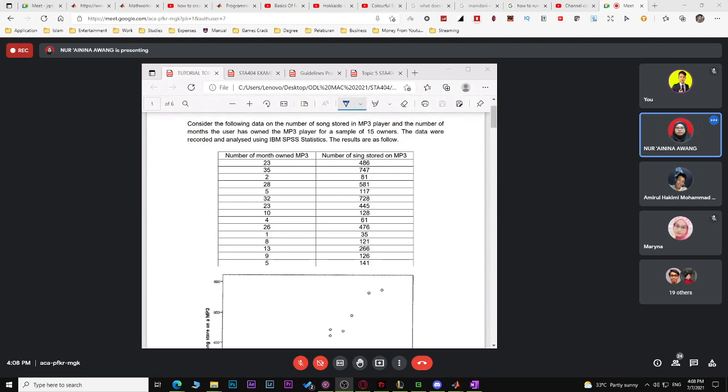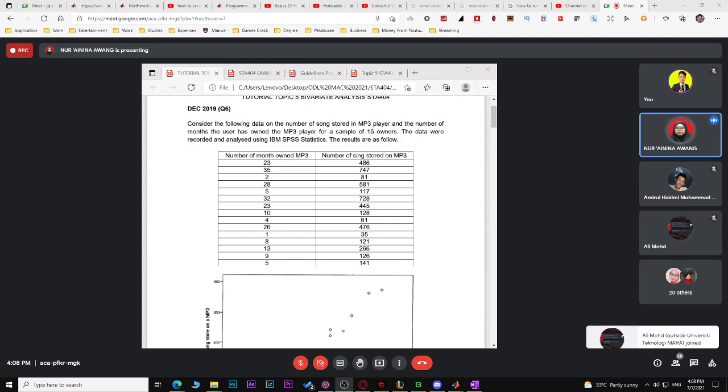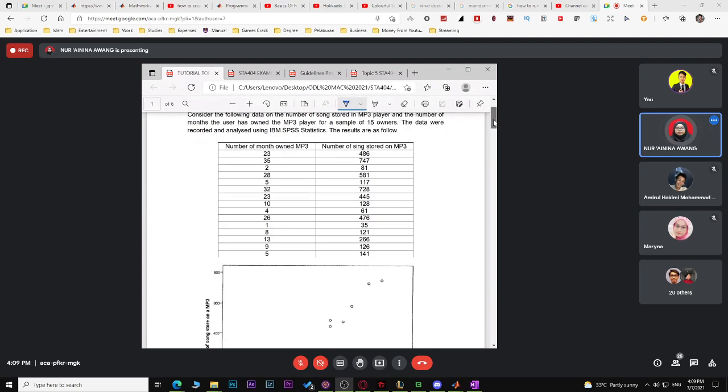So untuk question 6 December 2019. Okay, so you have a data on number of months owned MP3 and also number of songs stored on the MP3. So as I said before, tak semestinya on the left or on the top of the table is your X and then this is your Y. You need to double check with your scatter diagram or with your Minitab output.